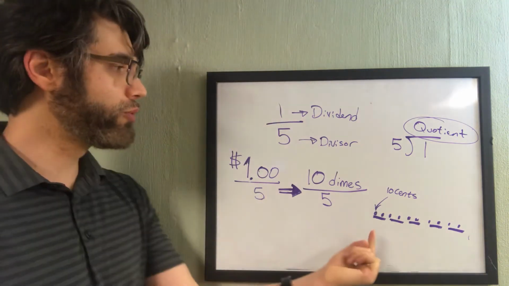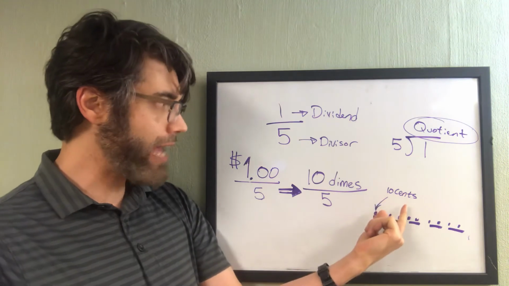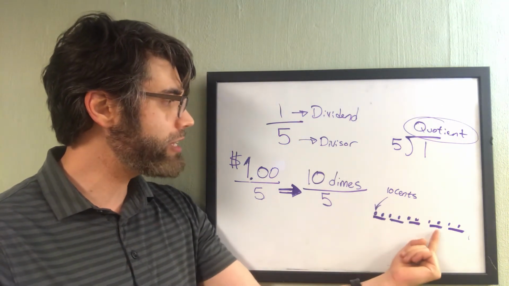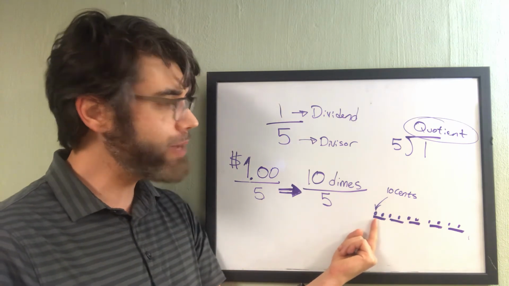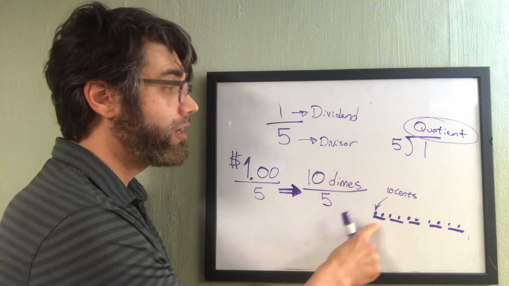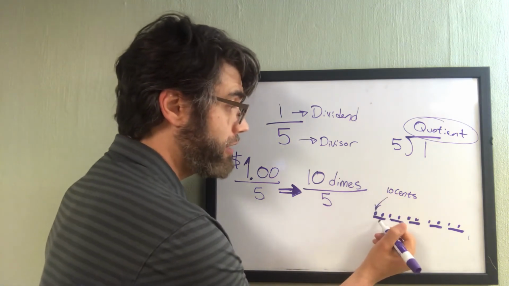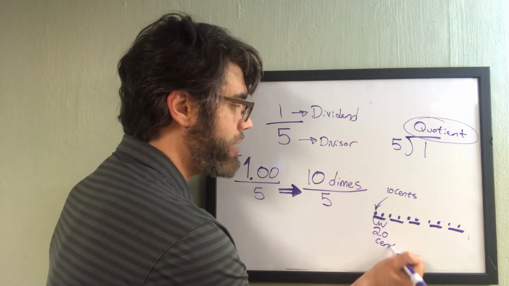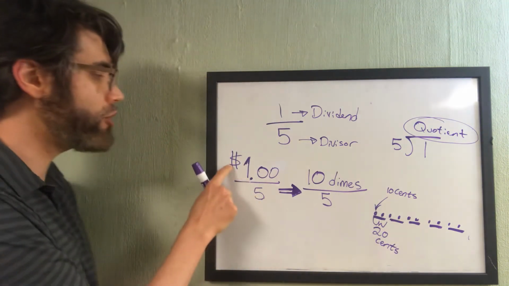So you'll group these 10 dots. Each dot is worth 10 cents, 1 dime. Each group has 2 dots. These 2 dots are worth 2 dimes or 20 cents. So this whole group is worth 20 cents. Now let's go back to over here.